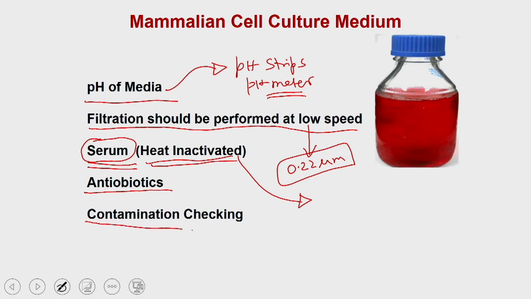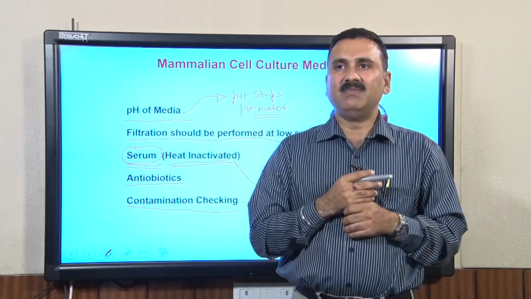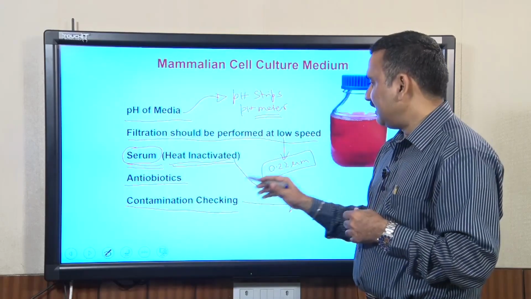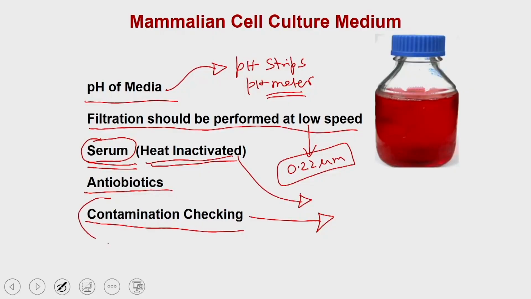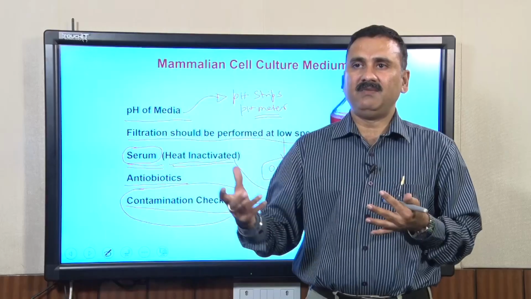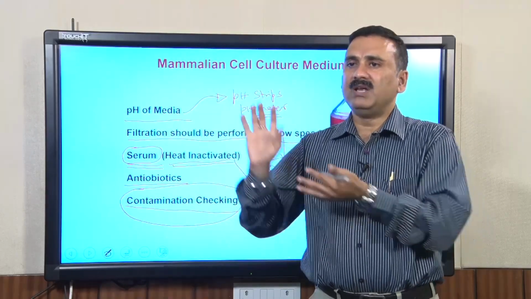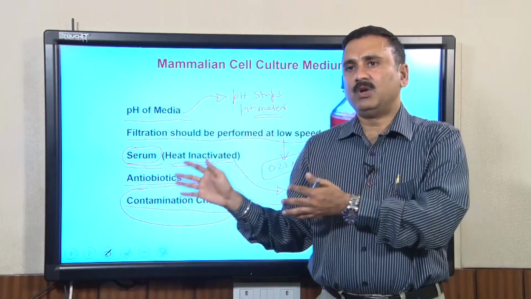Also, when you start preparing the media, suppose it is the first time you are preparing this media and you are not trained, then you should always prepare the incomplete media first, and once the incomplete media is prepared, you should check for contamination. For example, you can take this incomplete media, make it filter sterile, and then keep it at 37 for maybe 2 days.